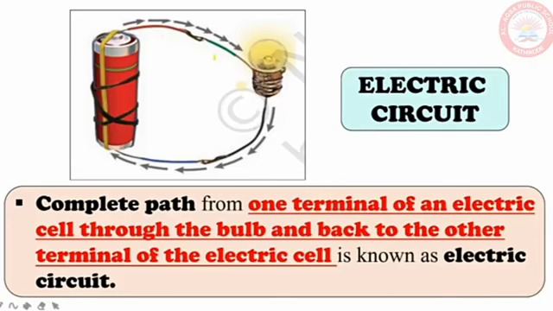So what is an electric circuit? The complete path from one terminal of an electric cell through the bulb and back to the other terminal of the electric cell is known as an electric circuit.